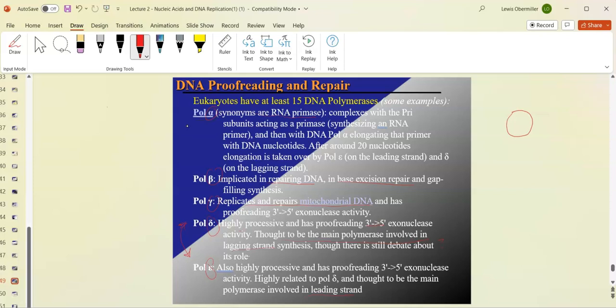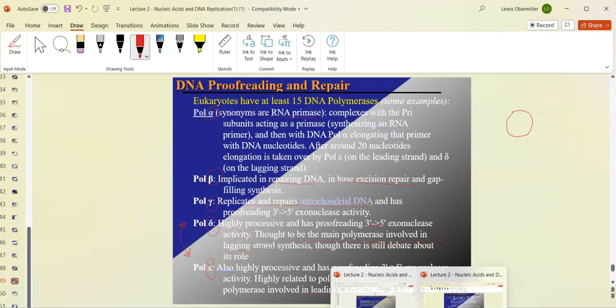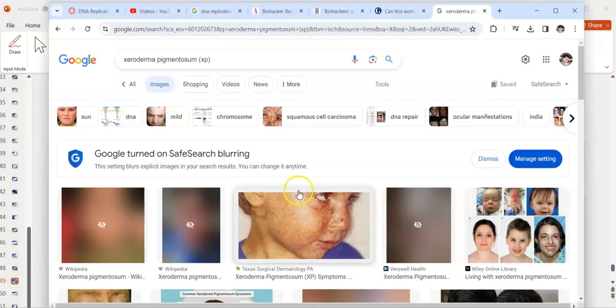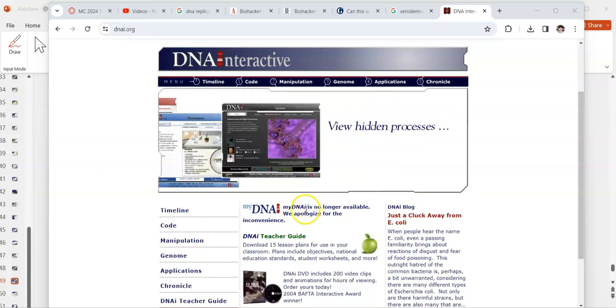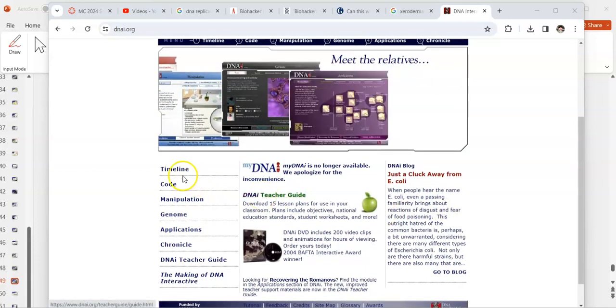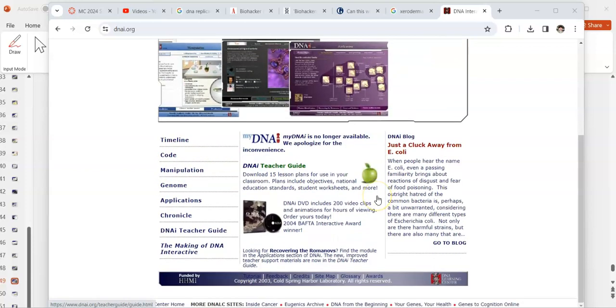So these two work together to replicate DNA. If you want to look at how they're connected, there's a really cool video that was made by the Howard Hughes Medical Institute. Let's see if I can find it. I'm going to pause this. So what I've done is gone to the DNA Interactive site, and basically you can watch the videos here.